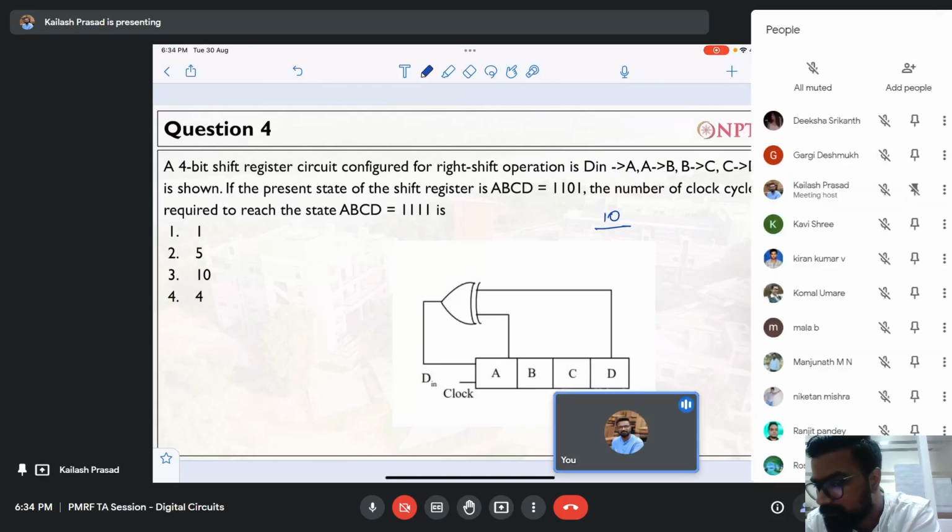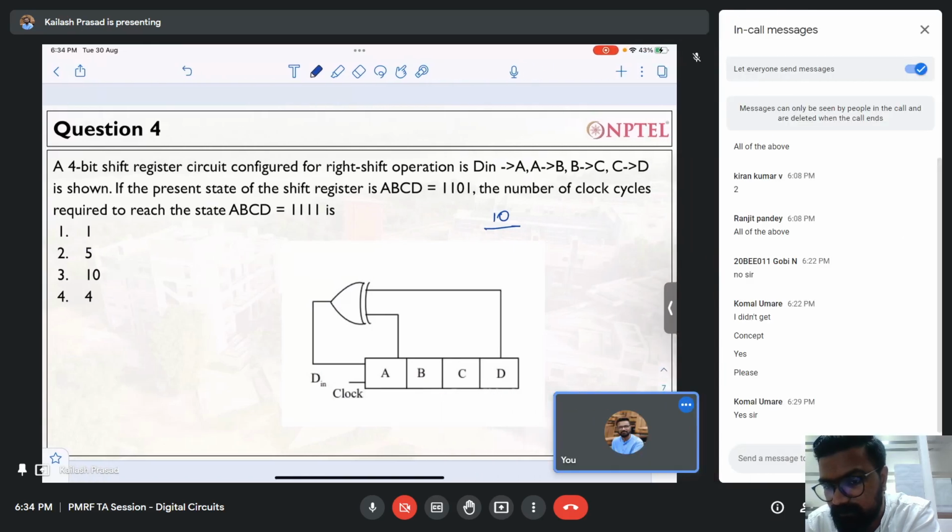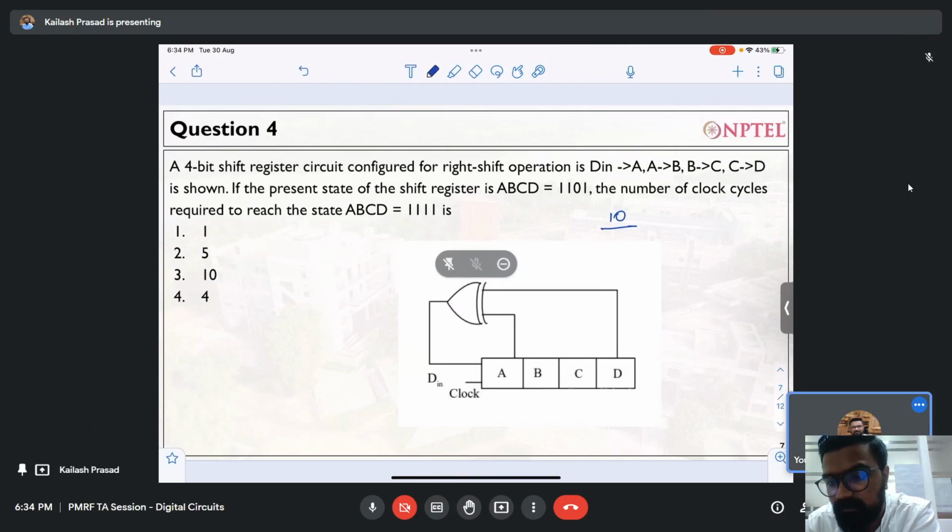Okay, I have one answer which has been said as 10. What about the other students? 4. Okay, so I have one answer as 4. What about other students?